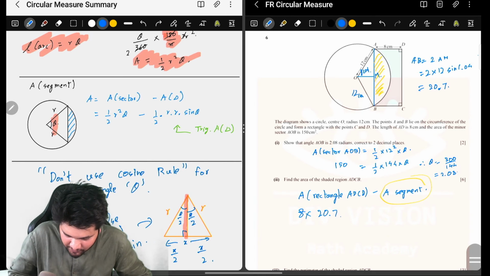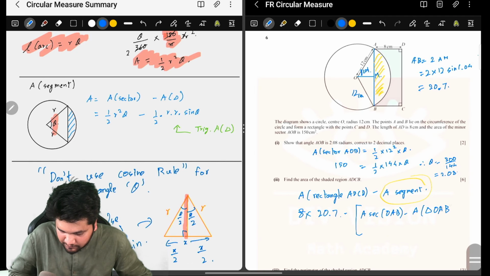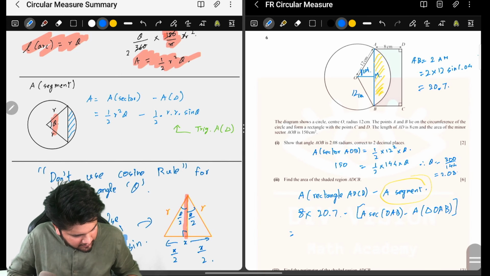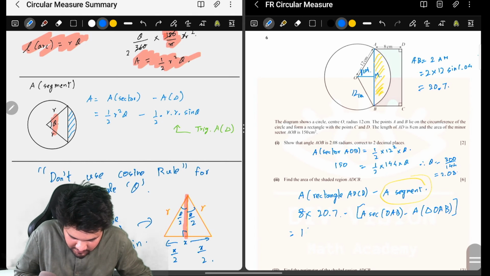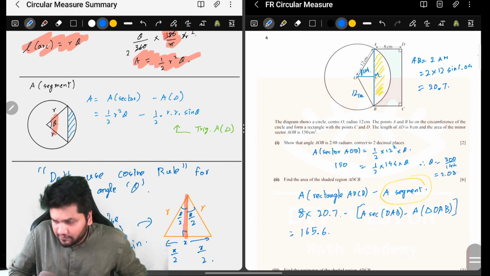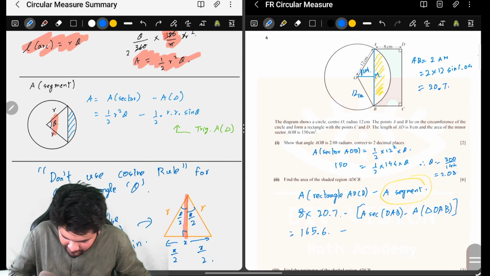And now for the area of segment, we know the formula, which is area of sector minus area of triangle. So area of sector OAB, which you already know by the way, minus area of triangle OAB. So this is nothing but 165.6 we'll get, I just used the calculator value, 165.6 minus the area of sector OAB we already know, which is nothing but 150, minus the area of triangle.